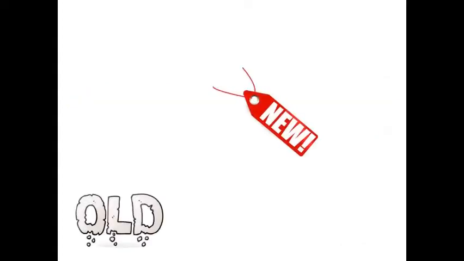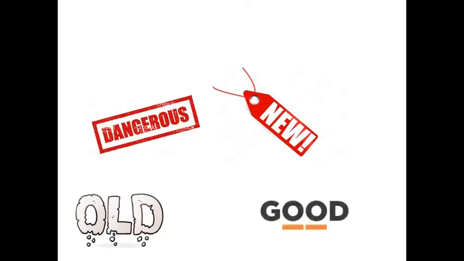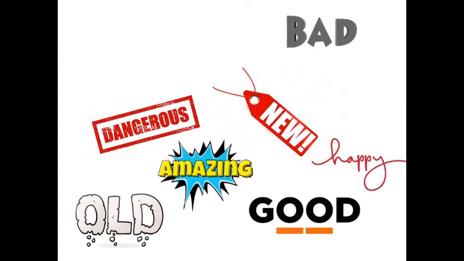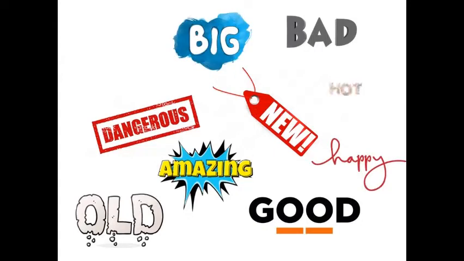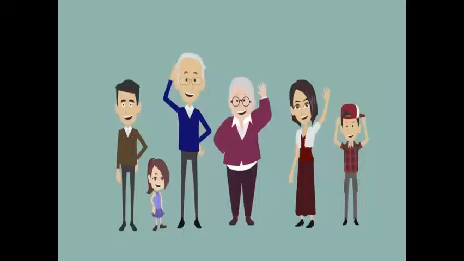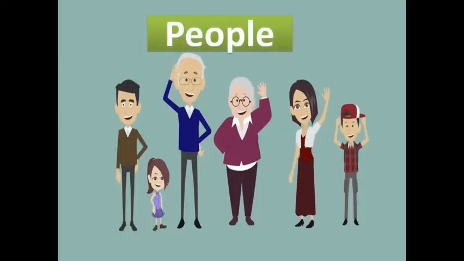And we said that adjectives are words like new, old, dangerous, good, bad, amazing, happy, big, hot, cold, tired, and so on. And we said that we use these adjectives to describe people.